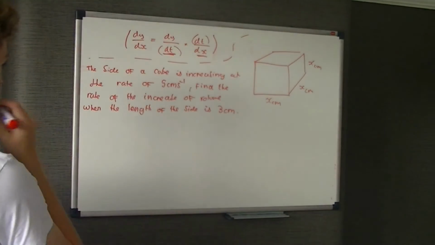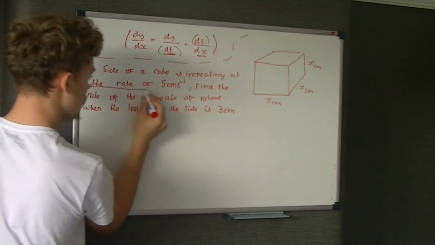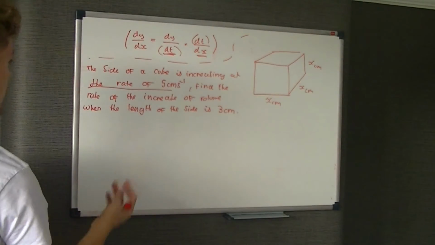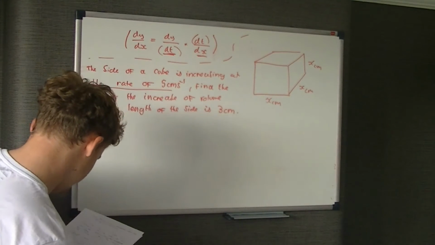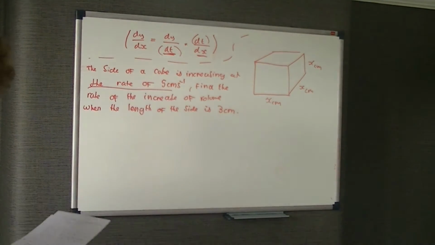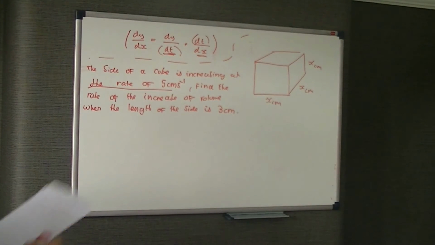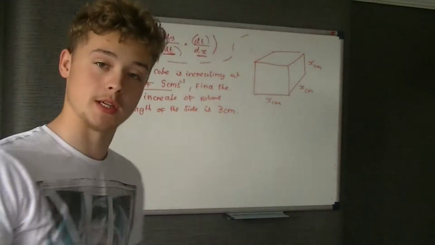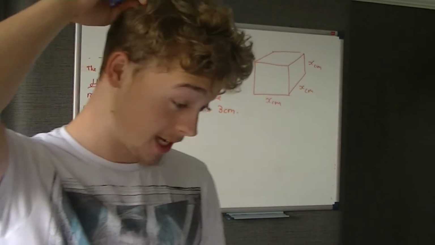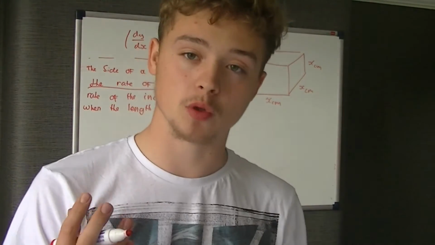Now, we've got a rate here, we are told a rate. So the side of a cube is increasing at the rate of 5 centimetres per second. So this x is increasing at a rate of 5 centimetres per second. Now there's two variables in that one.